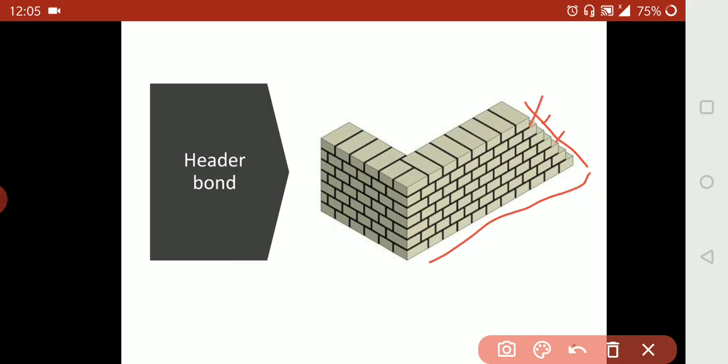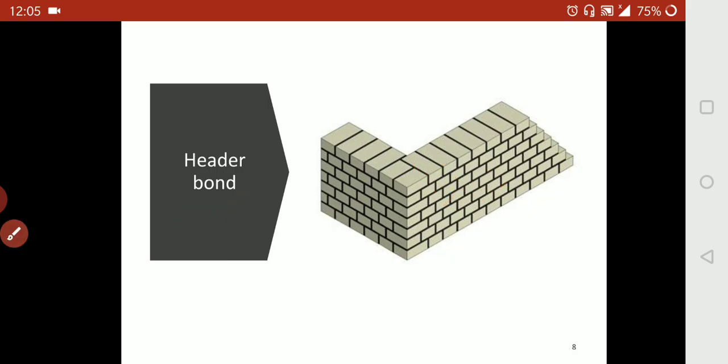This type of arrangement is suitable for walls which are one brick thick, and it is suitable for walls of lightly loaded load bearing structures.